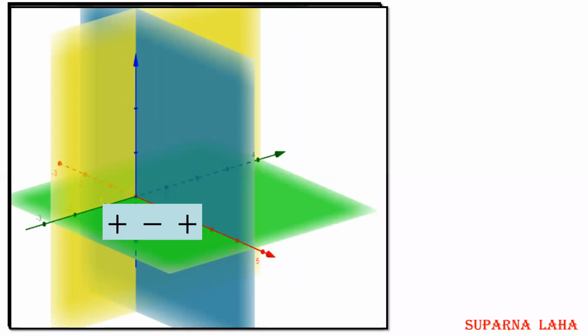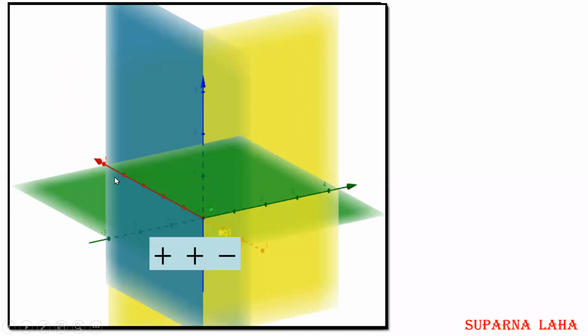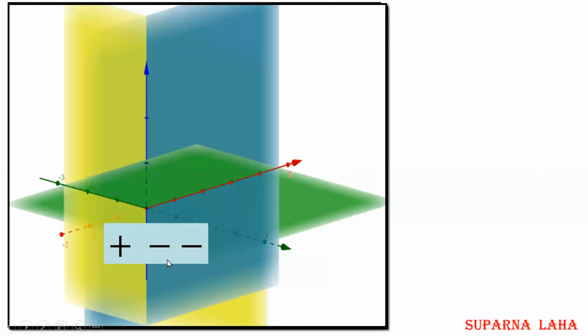So let's talk about the ground floor. X is positive, y is positive, z is negative. Any point from the ground floor has a negative z coordinate, and from the first floor the z coordinate is positive. Moving to the next portion: x positive, y negative, and z negative.